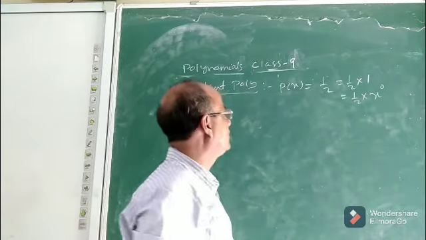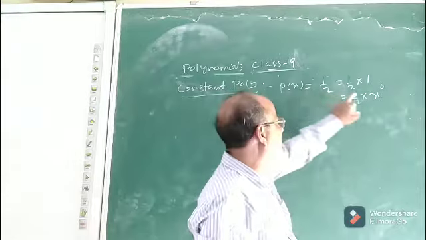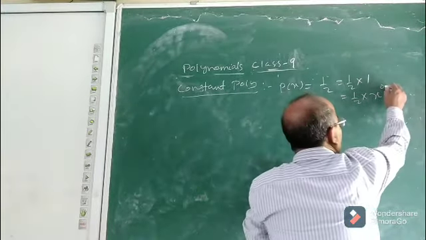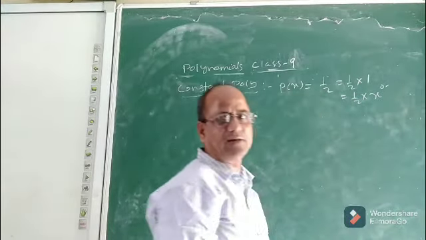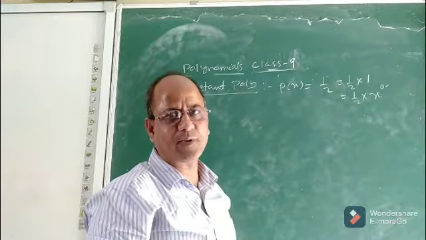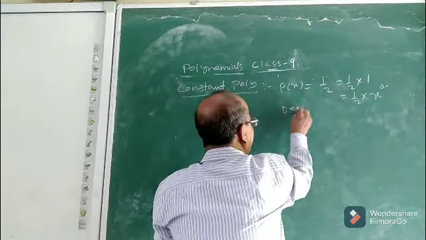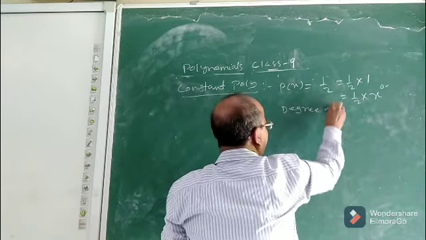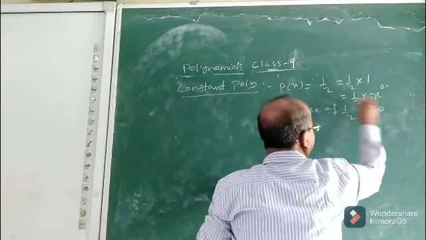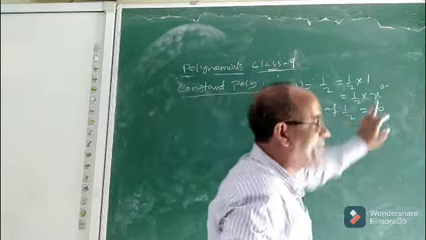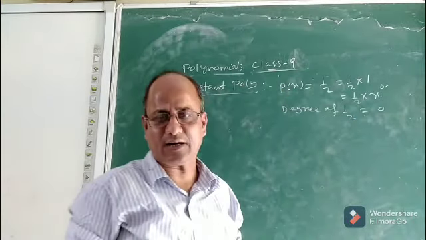So p of x is half into x to the power 0. What is the degree? The highest power of x is 0, and you know the highest power of the variable is called the degree. So we say that the degree of half is 0 here. If the degree of half is 0, then half is called a constant polynomial.